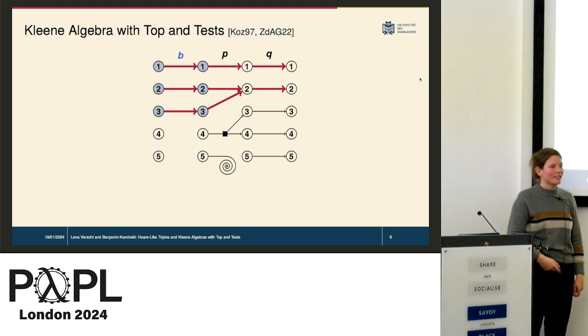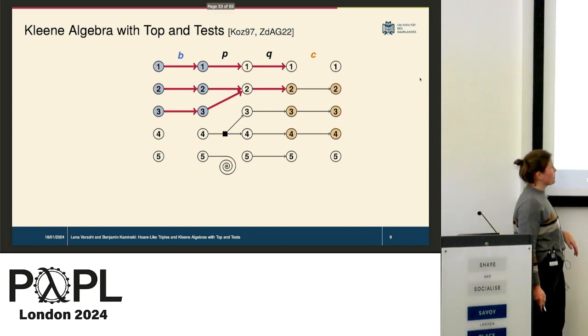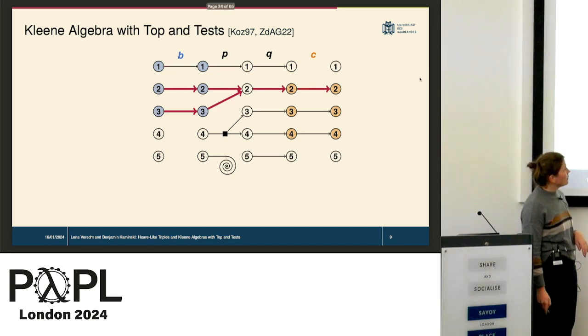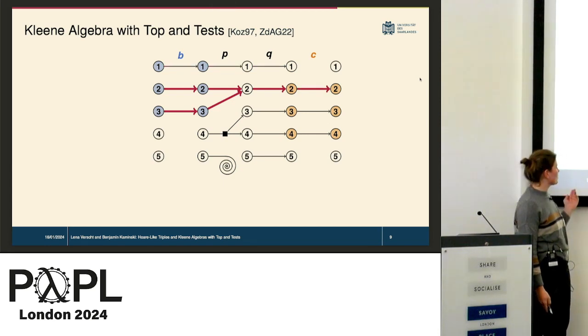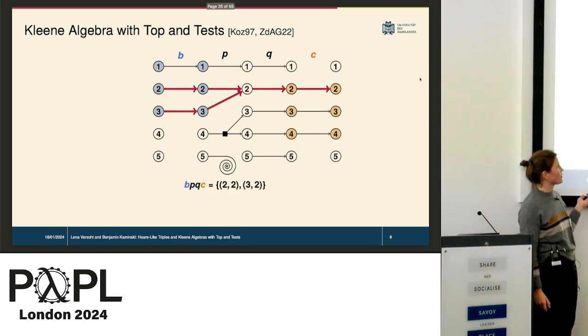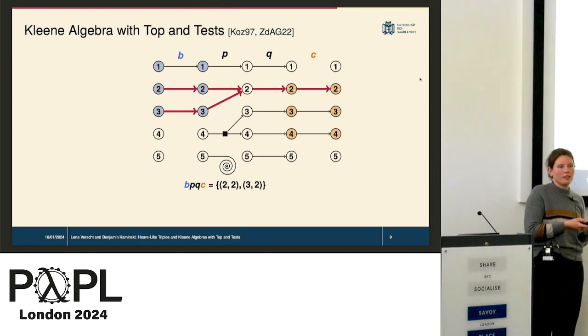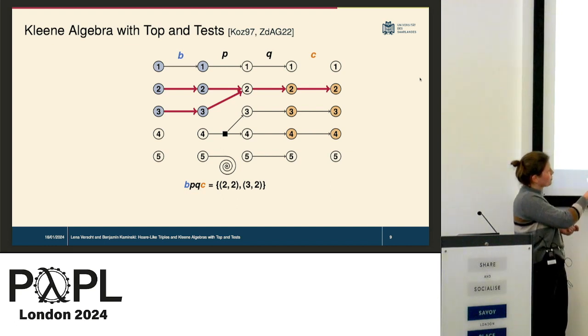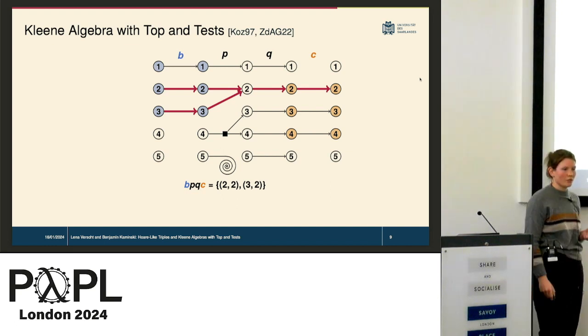So we can see that effectively composing a test removes those states that fail to satisfy the property. And we can, of course, do the same for a property on final states, which gives us this relation. So this is actually only containing the pairs 2, 2 and 3, 2, as these are, so to speak, the only paths through this picture.